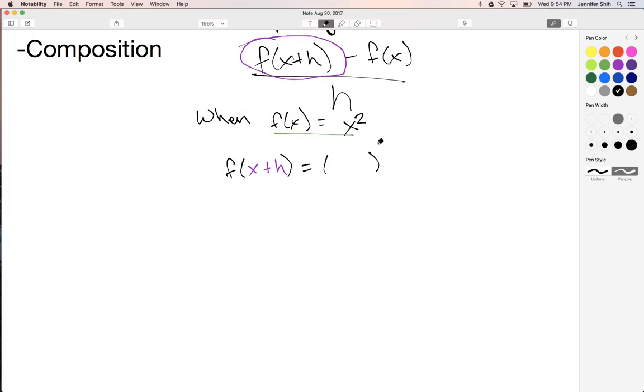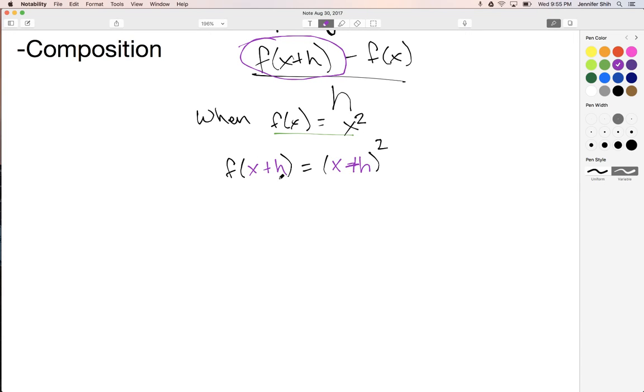Well, I'm going to replace that with parentheses. Now, instead of entering x here, I'm going to enter x plus h. You've done this before with numbers, actual numbers like 2 and 4, but you haven't done this really as much with letters. So every time it says x, and they want you to plug in f of x plus h, instead of x, you write x plus h, or whatever's in these parentheses.